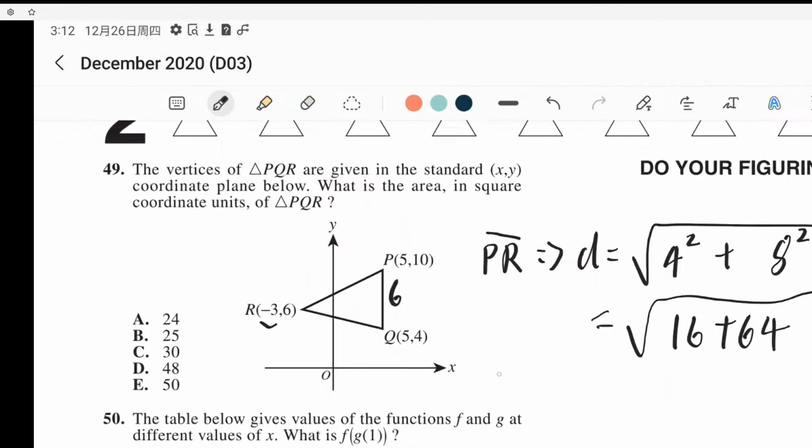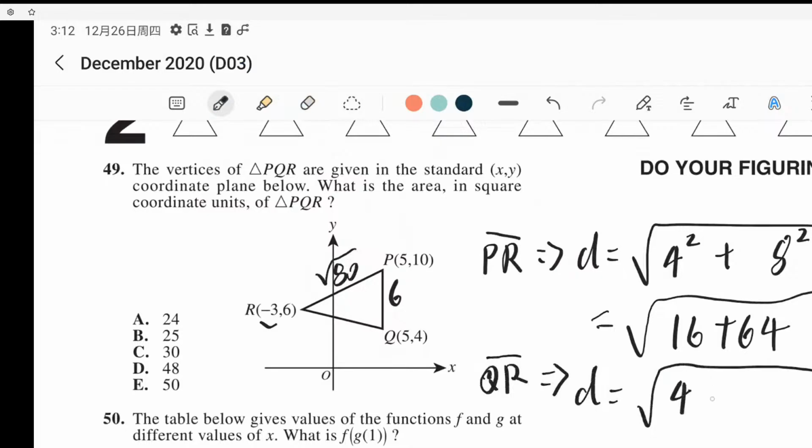And now we need to solve for Q and R, line QR, which we can also use the distance formula to solve for. We have 4 minus 6, so -2 squared will be a 4, plus 5 plus 3 again, so 64. This will equal 68, square root of 68.